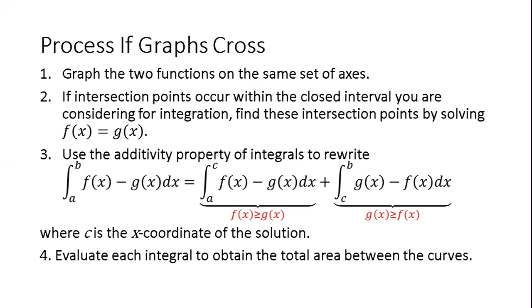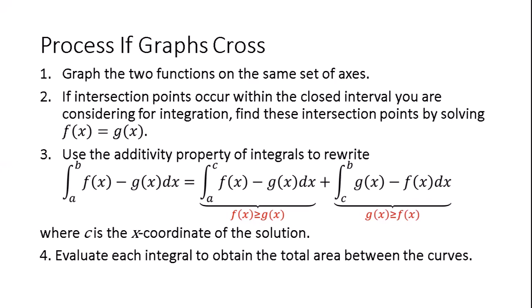Use the additive property of integrals to rewrite the definite integral from a to b of f of x minus g of x dx as a pair of integrals that you're going to add together. The first integral would be from a to c of f of x minus g of x, and this is used when f of x is greater than or equal to g of x.